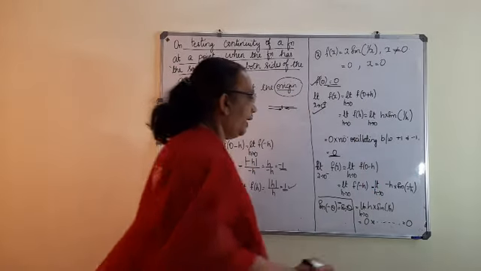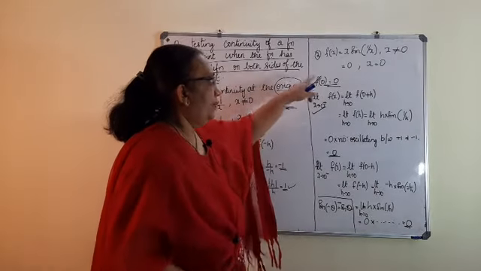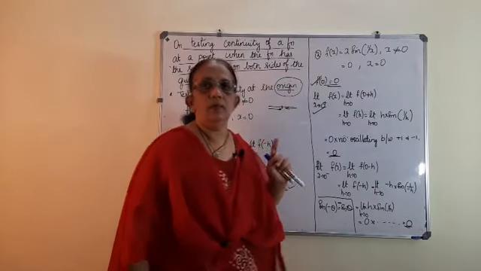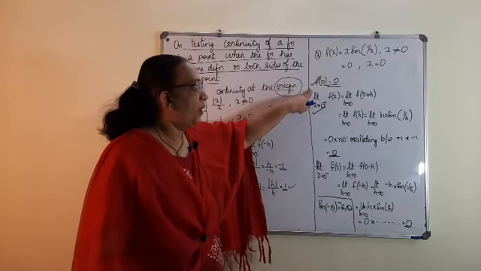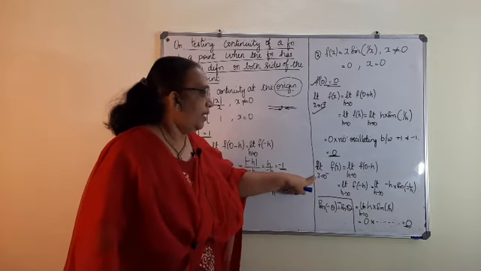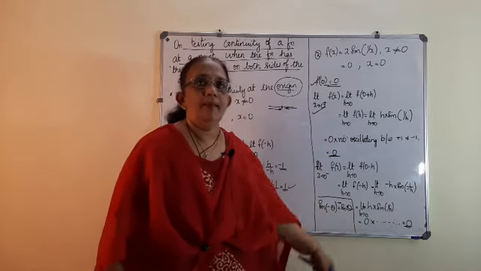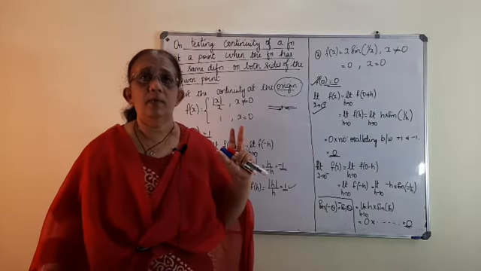So what can you say about the continuity of this function at the point x is equal to 0? You can identify that the value of the function at the point 0 is equal to 0, the right limit is equal to 0, and the left limit is equal to 0. That means the function is continuous at the point x is equal to 0.